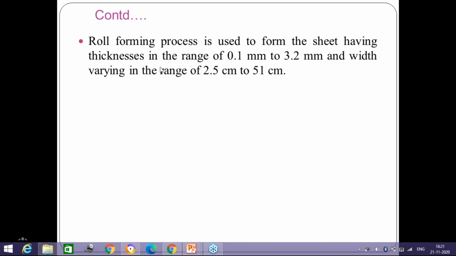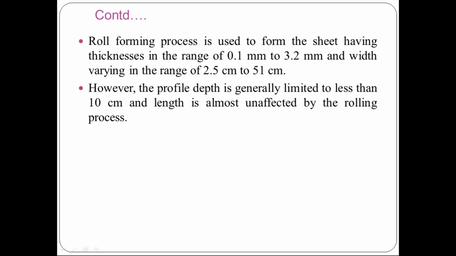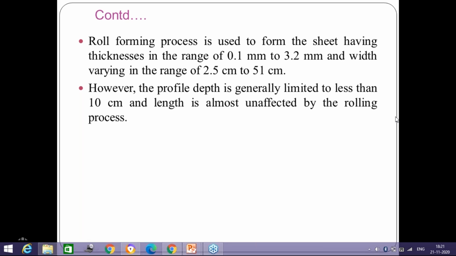You can extend the limits also, but when you come to accuracy and precision, then the roll forming process has the limitation that if you are taking the sheet in the range of 0.1 mm to 3.2 mm thickness and 2.5 centimeter to 51 centimeter width, then it is very precise. However, the profile depth is generally limited to less than 10 centimeter and length is almost unaffected by the rolling process.